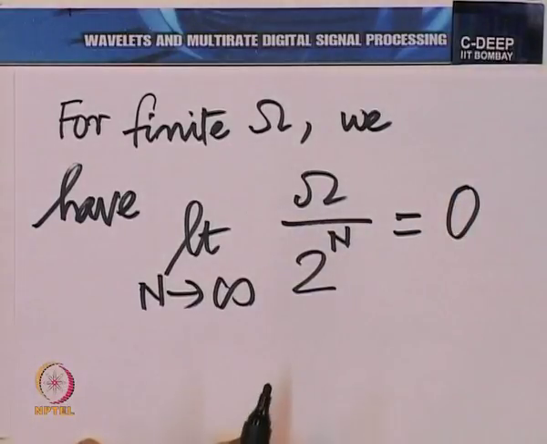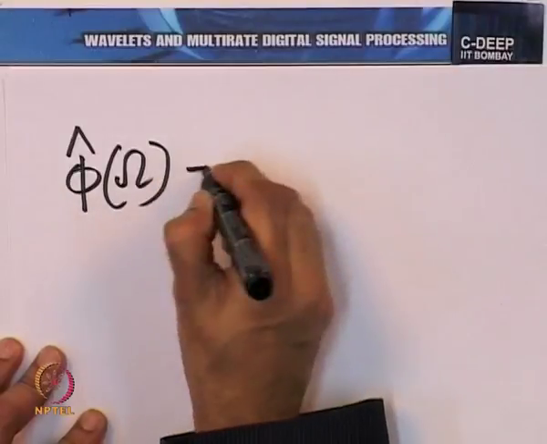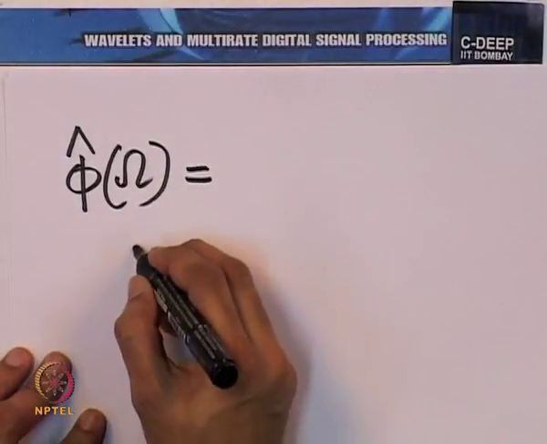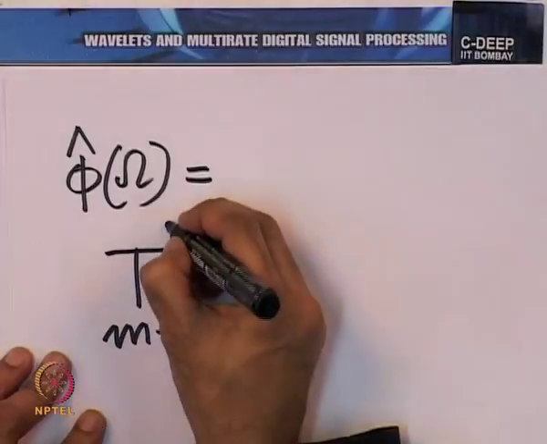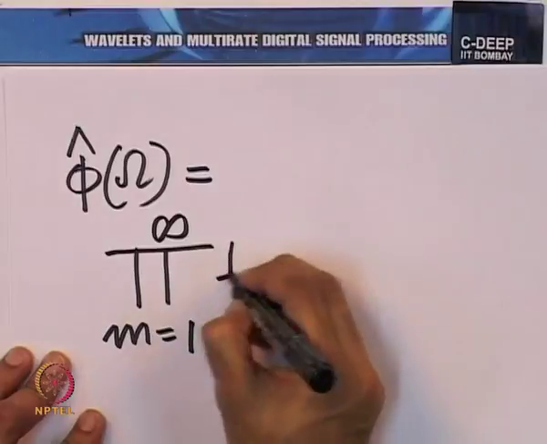So, therefore, at least on the finite frequency axis, the left hand side is equal to the right hand side, and the right hand side has essentially the Fourier transform of phi at the point 0. So, what do we have here? Let me write that down mathematically. Phi cap omega therefore is essentially a product m going from 1 to positive infinity.